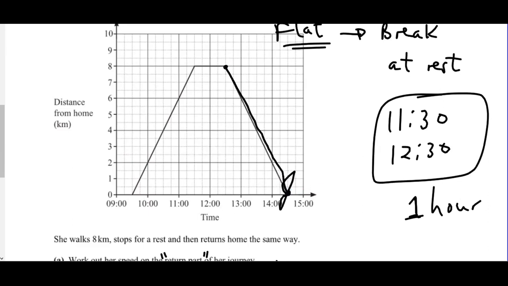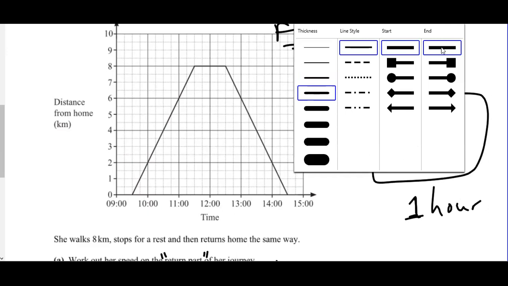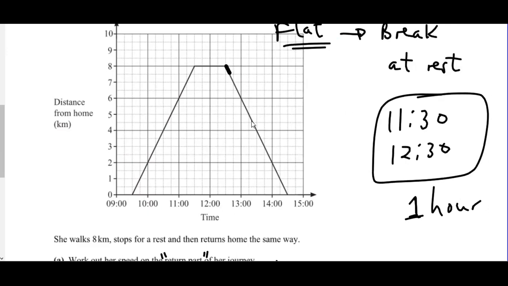See that? So that is the return part. Okay, let me try to draw it very neatly to show my students that the returning point starts from here, goes all the way down there. See that? That is your returning journey.